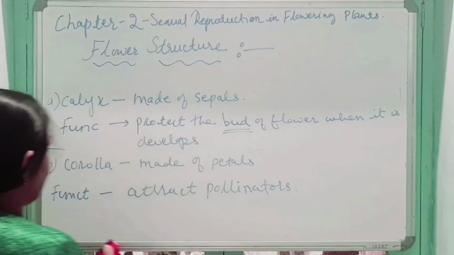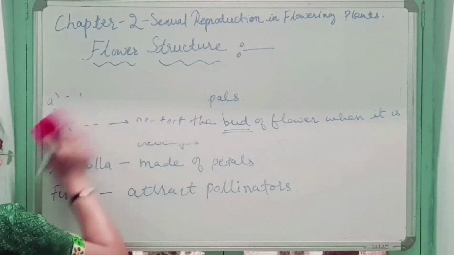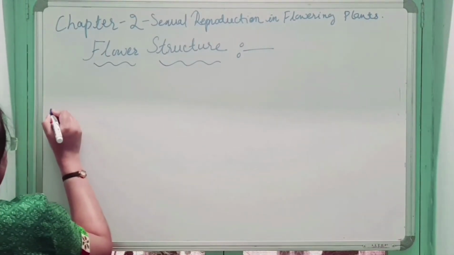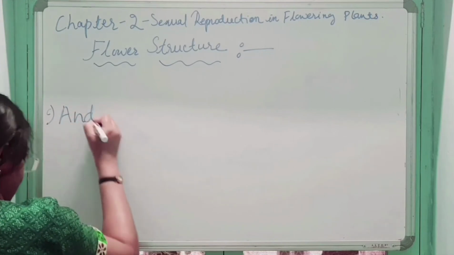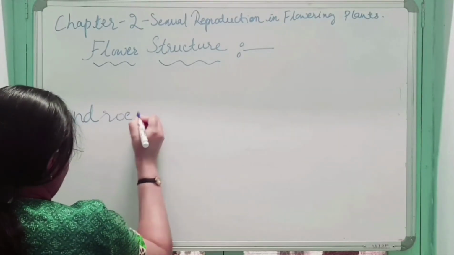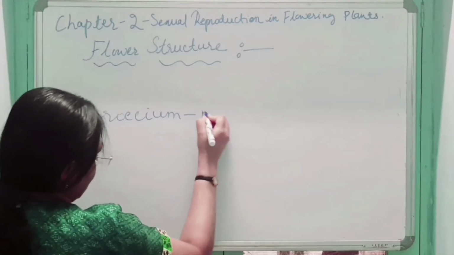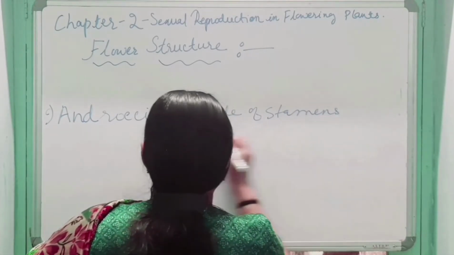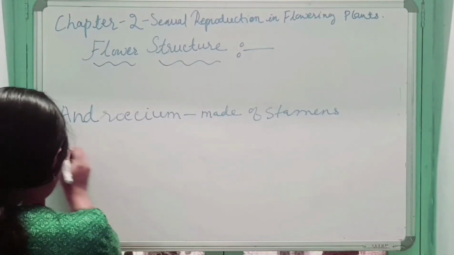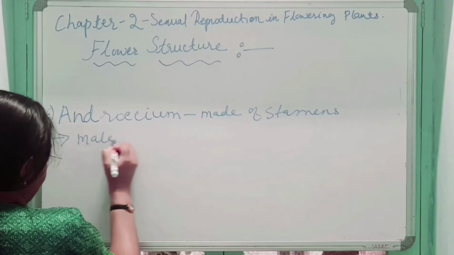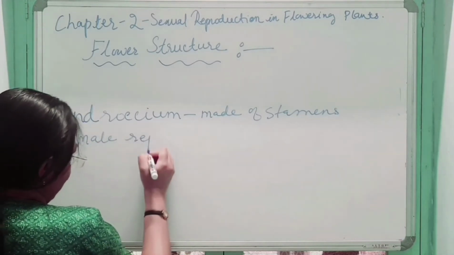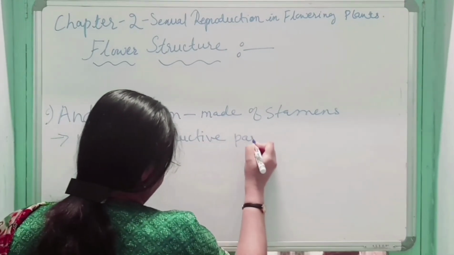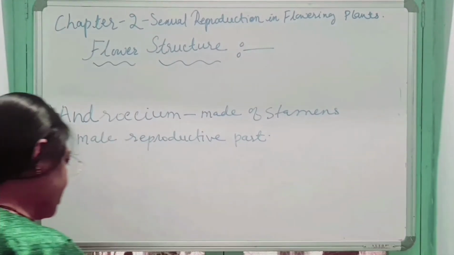Now we will see the reproductive part of the flower. The main reproductive parts of the flowers are, okay, Androecium. This Androecium is the male reproductive part, made up of stamens.